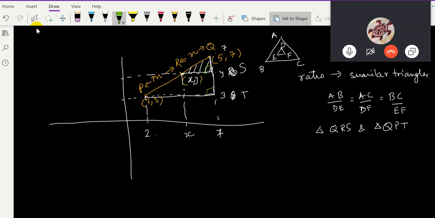So one of their angles is common: angle Q is common to both. So these two triangles are similar.